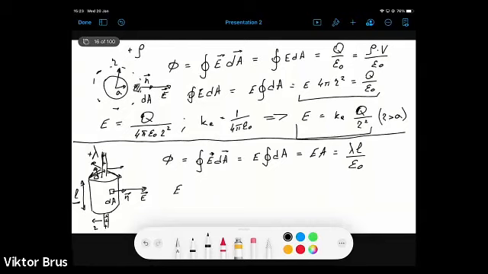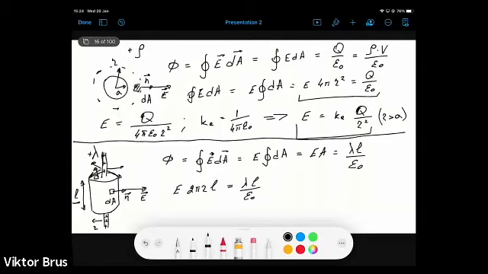And we know that the side area of a cylinder is given as 2 pi r, the length of the circle of the base of the cylinder, times the height of the cylinder, and this is equal to lambda times L divided by epsilon 0.